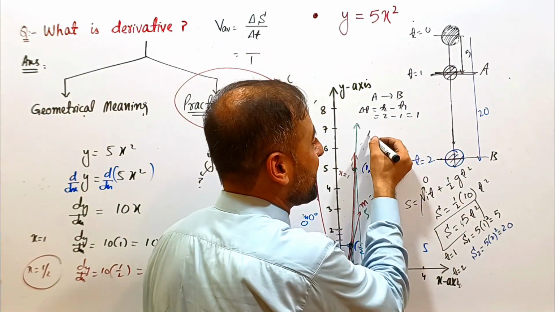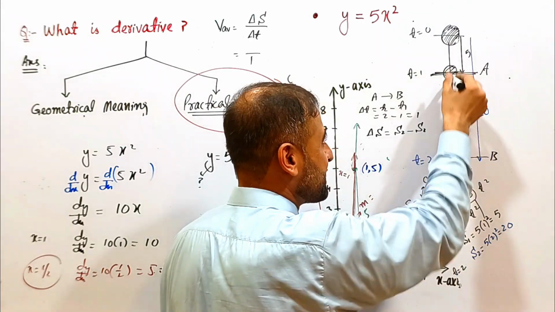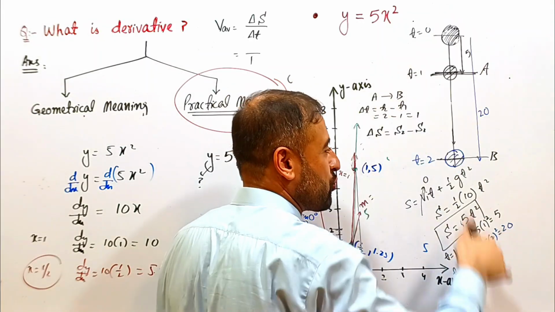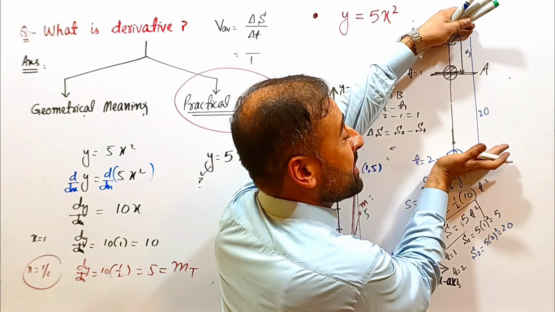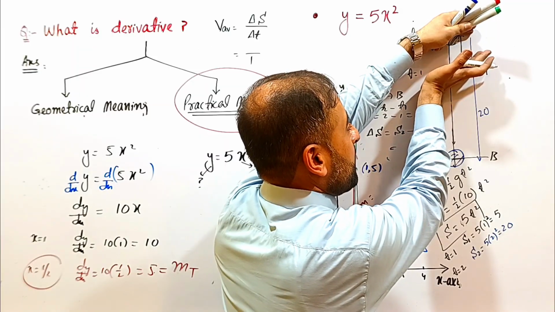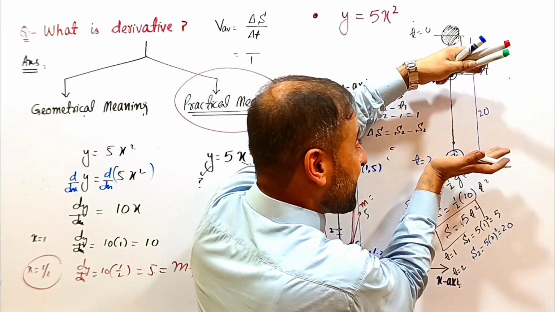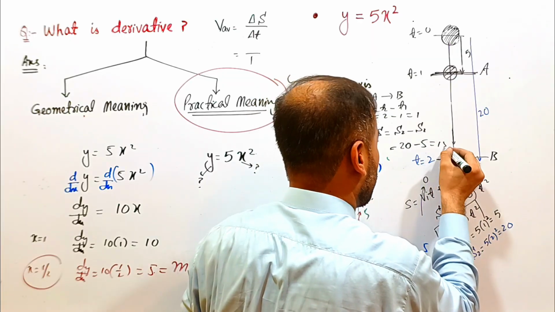And the distance traveled is S2 minus S1. You have to subtract S1, the distance of 1 second, from the total S2, the distance of 2 seconds. 20 minus 5 is equal to 15.